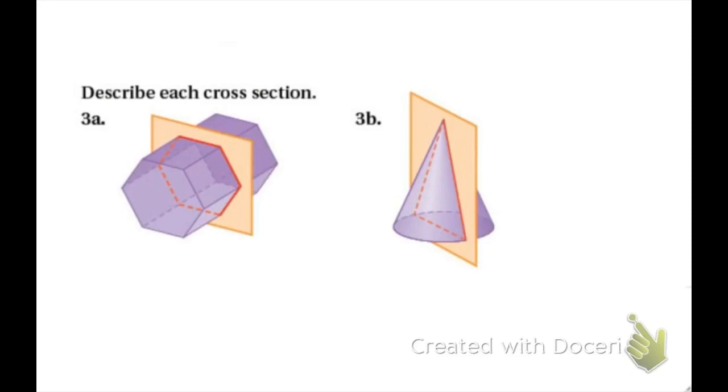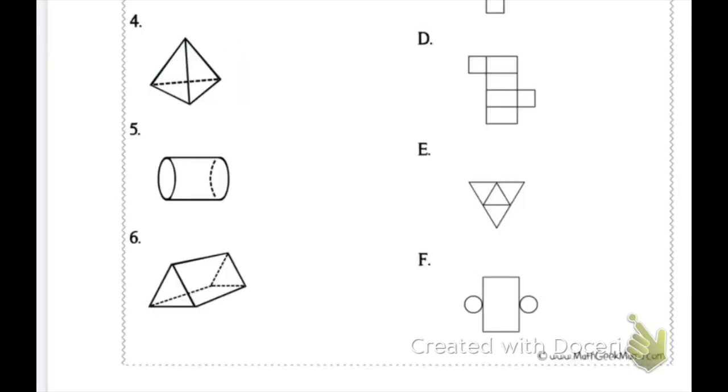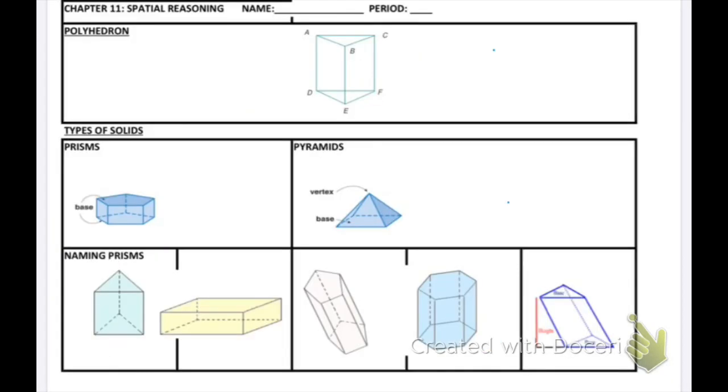So, in your notes, we're going to be looking at this page here, and we're just going to be going through all those different definitions and looking at the different parts of our three-dimensional shapes. So first, let's look at a polyhedron.